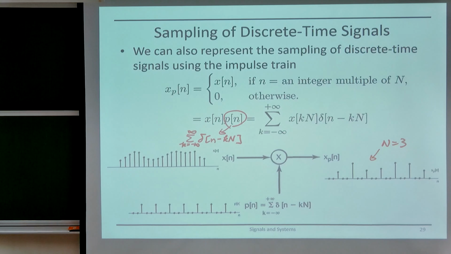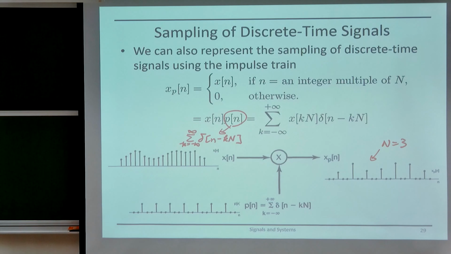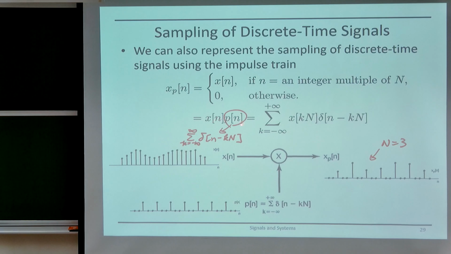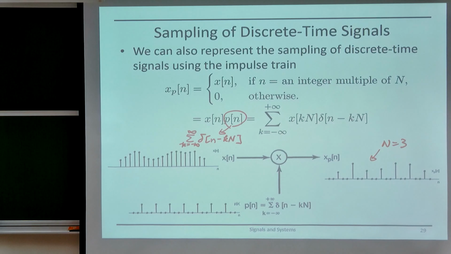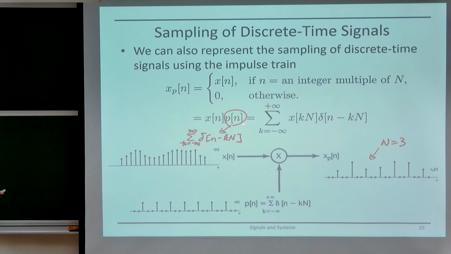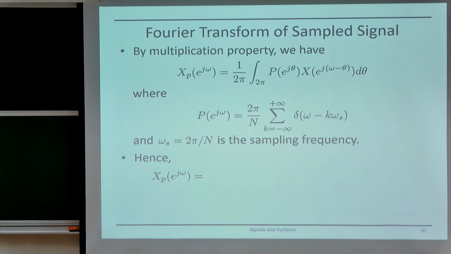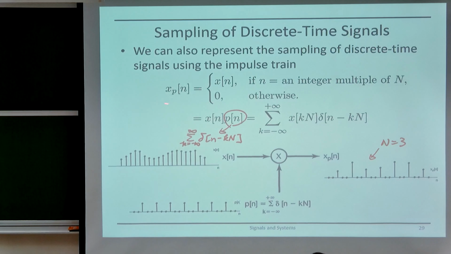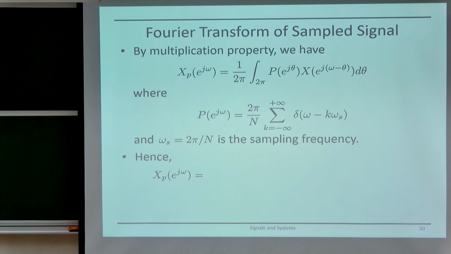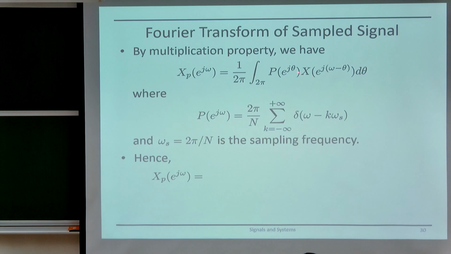Now let's see what this looks like in the frequency domain. When you multiply two signals in the time domain, in the frequency domain, it would be the convolution of their respective spectrum. So the Fourier transform of this impulse train sampling signal, xp, is equal to the convolution of the spectrum of the original signal and the Fourier transform of the impulse train.